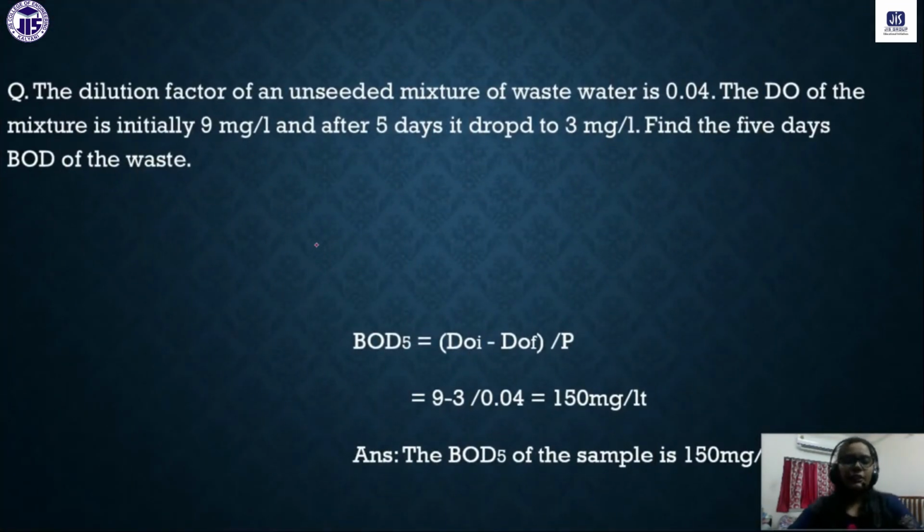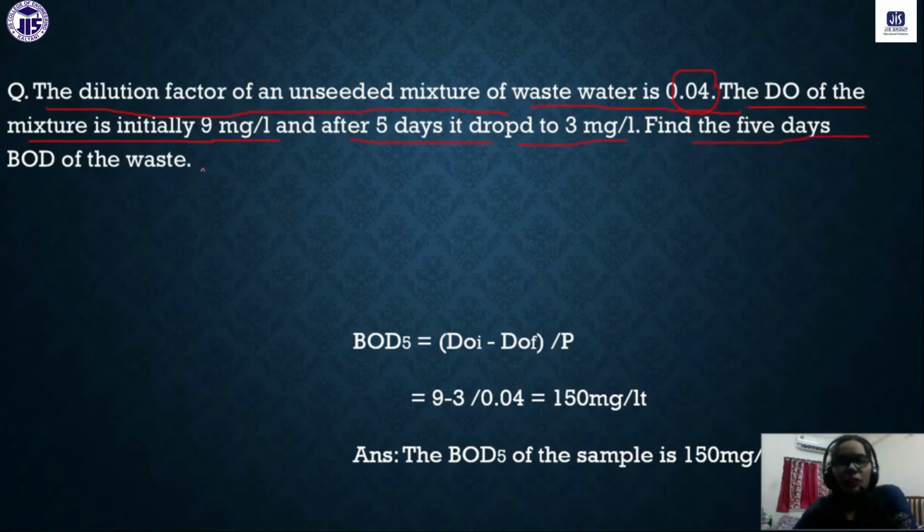Okay, one more numerical question we have: the dilution factor of an unseeded mixture of wastewater is 0.04. That means the dilution factor is given. The dissolved oxygen of the mixture is initially 9 milligram per liter, and after 5 days it dropped to 3 milligram per liter.